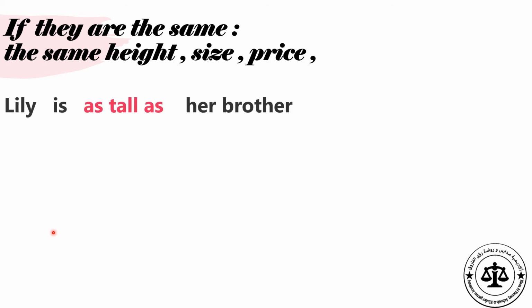Lily is as tall as her brother. So, Lily and her brother have the same height. They have the same height, so they are equal. So, we use as. This is the second form of comparative. If they are the same in height, in size, in price, in anything, we use as.